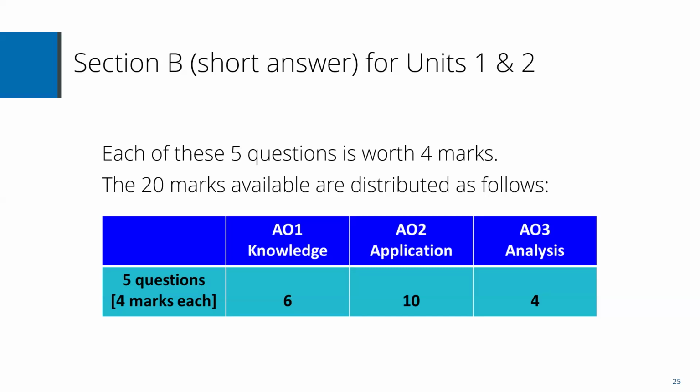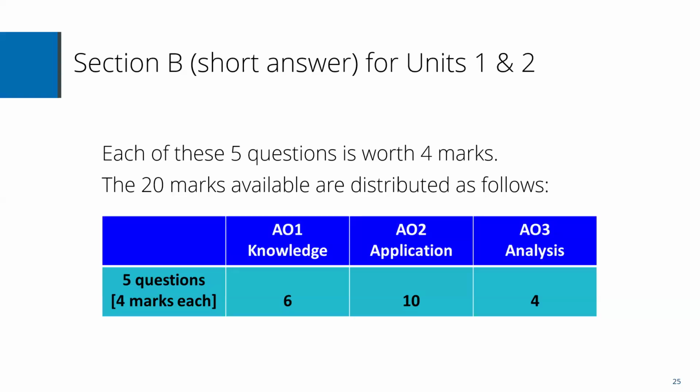Whereas explain questions that are wanting an explanation of a reason or an impact also include analysis. It requires a two-stage chain of reasoning. So therefore, we have 1 mark for knowledge, 1 mark for application, and 2 marks for analysis.